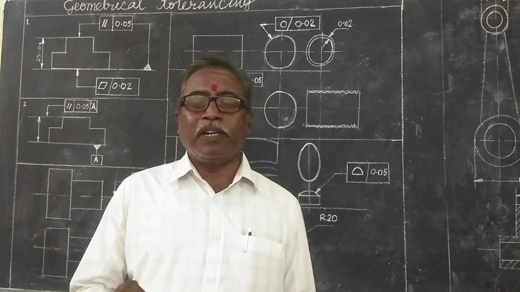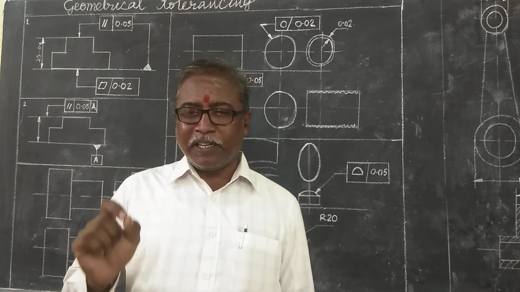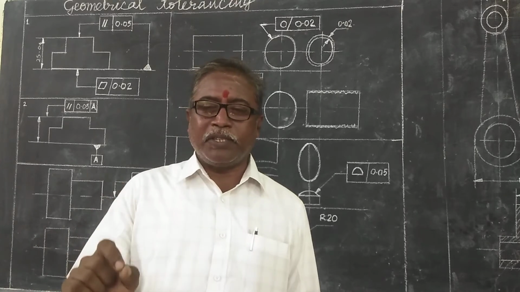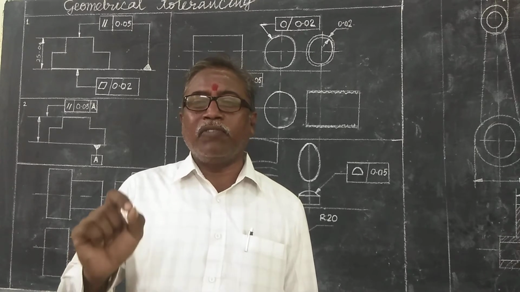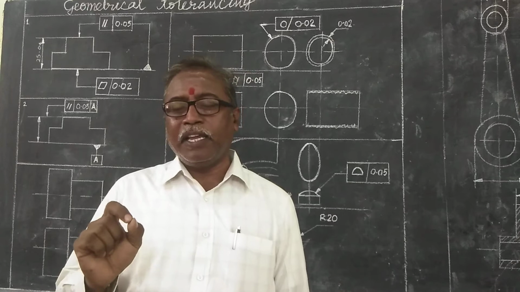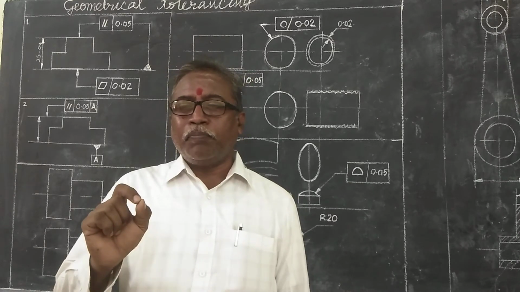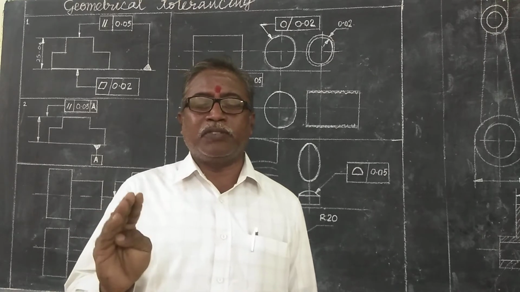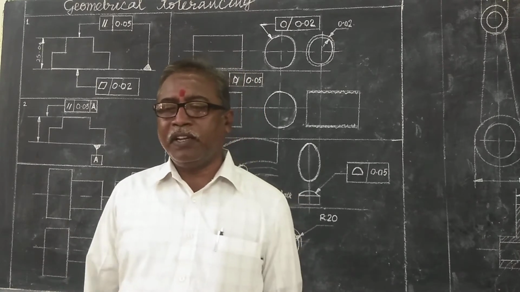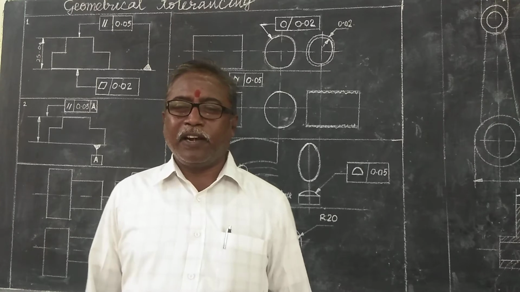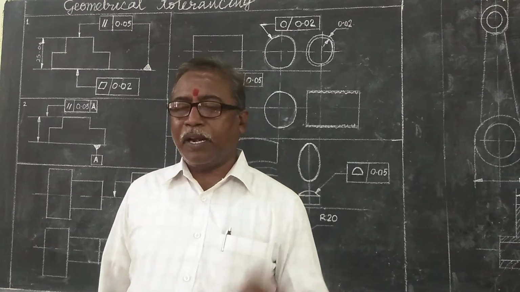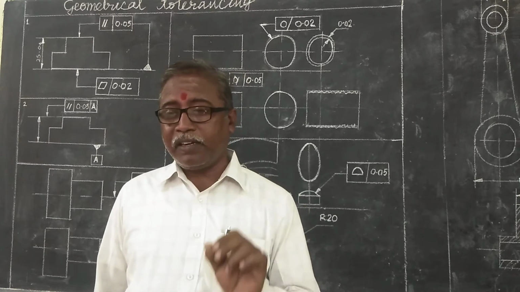Once again, geometrical tolerancing is the maximum permissible overall variation. M P O V. If you keep these four letters in your mind, you can write the answer for that. Maximum permissible overall variation.